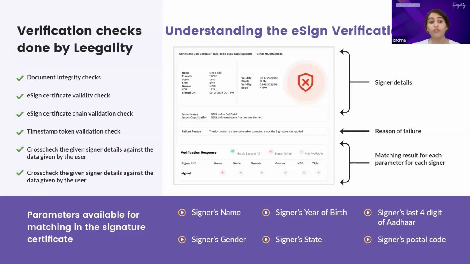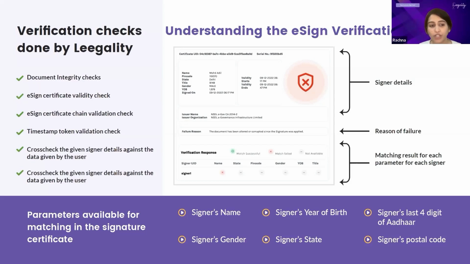There is no way for you to check it manually for bulk use cases. And it's safe to say that Legality's Verifier product is a one of its kind of product, and nobody in the market is right now serving such a comprehensive solution, which allows you to do checks based on name, gender, YOB for bulk documents.